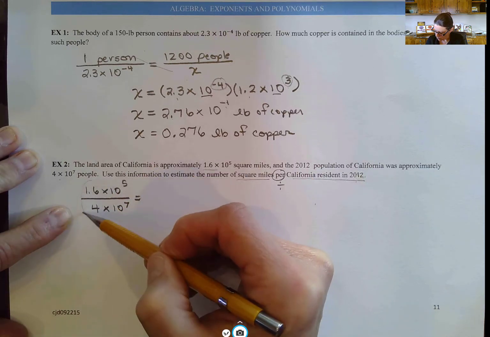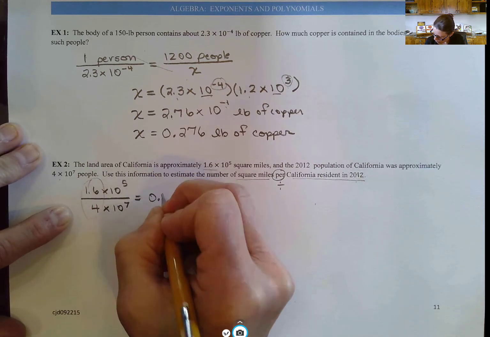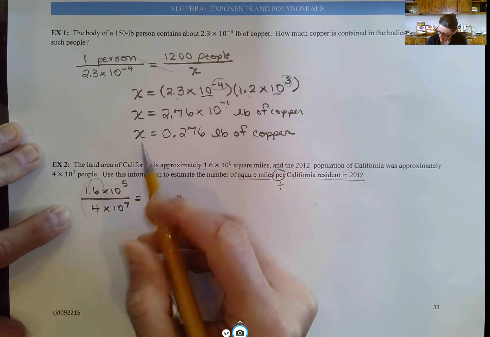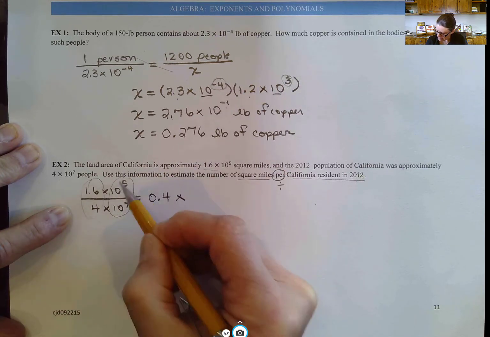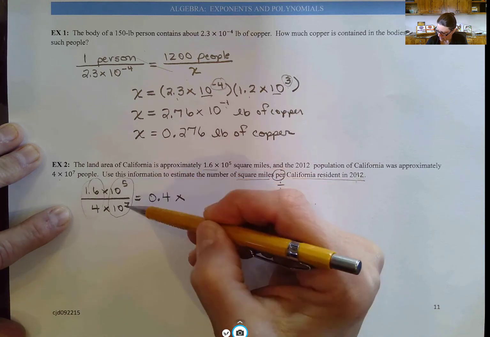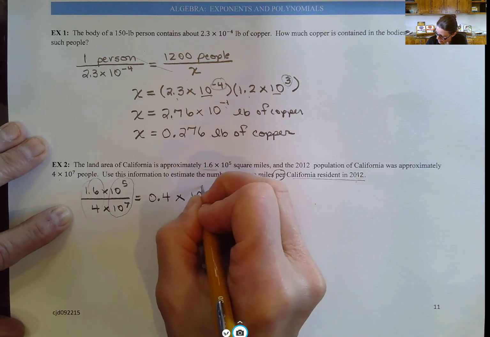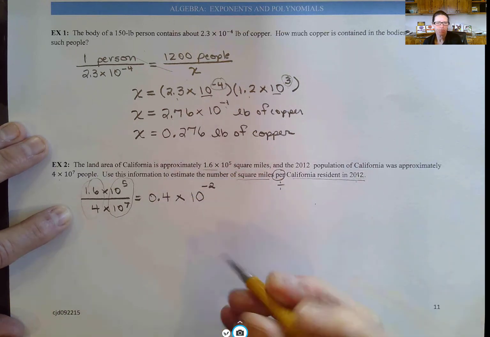As we divide 1.6 by 4, that quotient is 0.4. And as we divide these like bases, using our quotient rule, we'll subtract the exponents, 5 minus 7. So we're going to write that as a 10 to the negative 2 power.